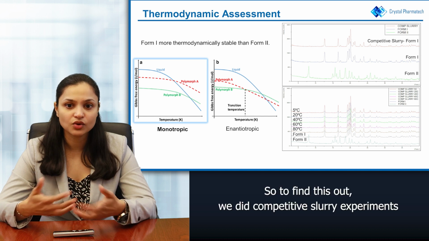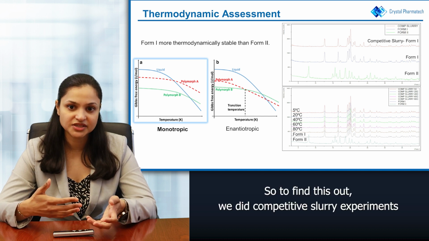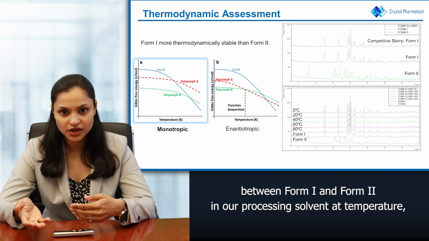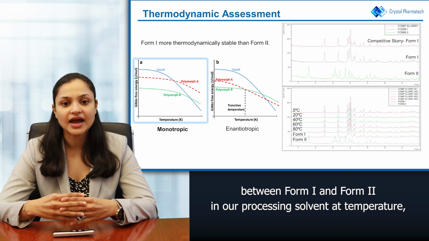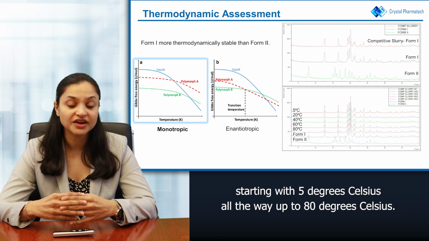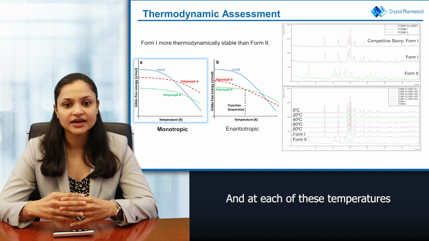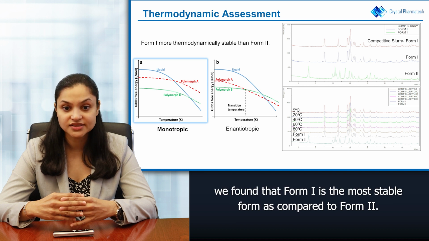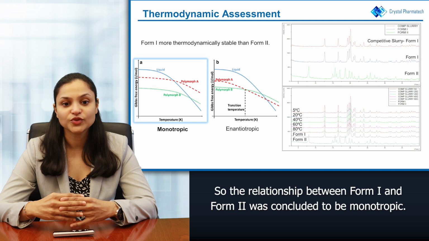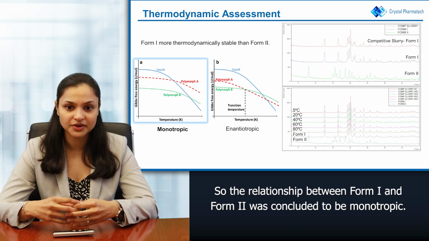So to find this out, we did competitive slurry experiments between form 1 and form 2 in our processing solvent at temperatures starting with 5 degrees Celsius all the way up to 80 degrees Celsius. And at each of these temperatures, we found that form 1 is the most stable form as compared to form 2. So the relationship between form 1 and form 2 was concluded to be monotropic.